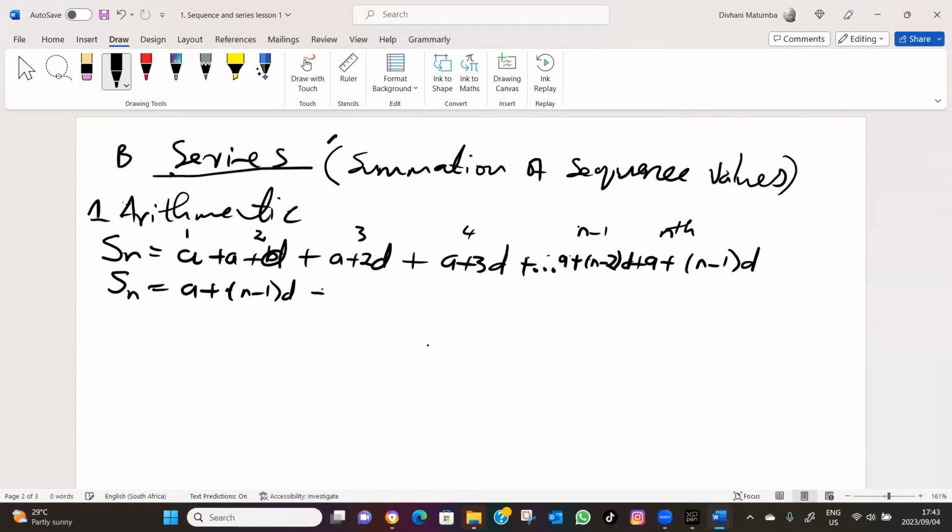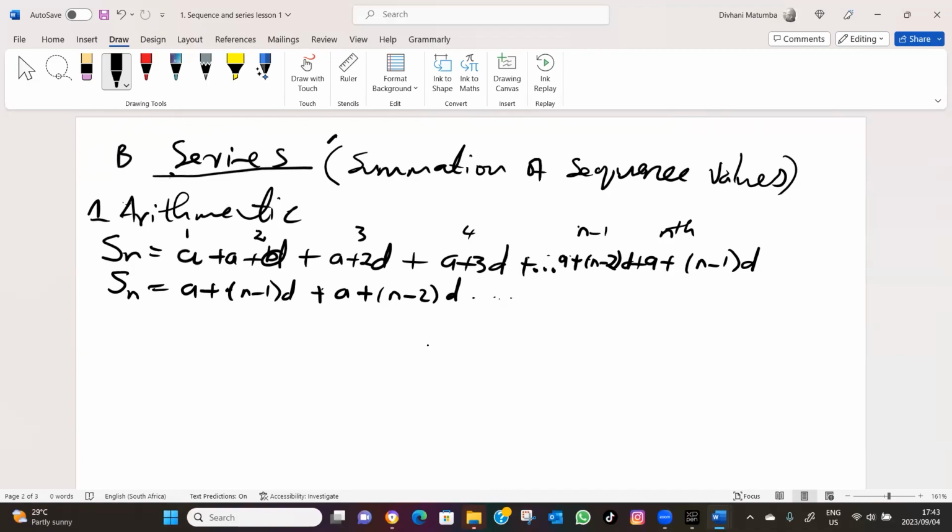something of that sort, plus a plus n minus 2 into d. We reverse it.